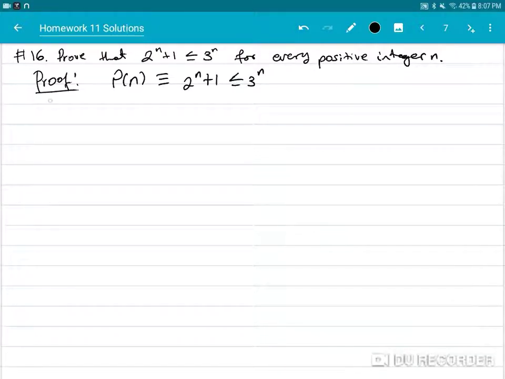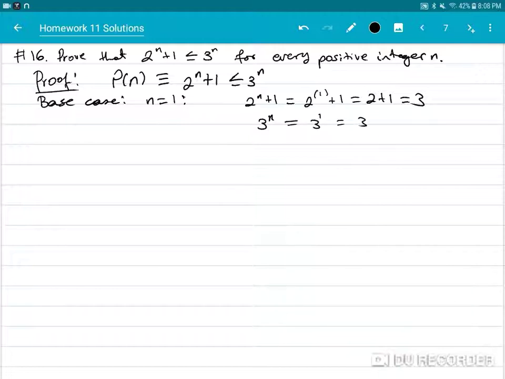Okay? So the base case is for n equals 1. Let's compute the left side, 2 to the power of n plus 1, for n equals 1. That's 2 to the power of 1 plus 1, that's 2 plus 1, that's 3. And the right side is 3 to the power of n, which is 3 to the power of 1.